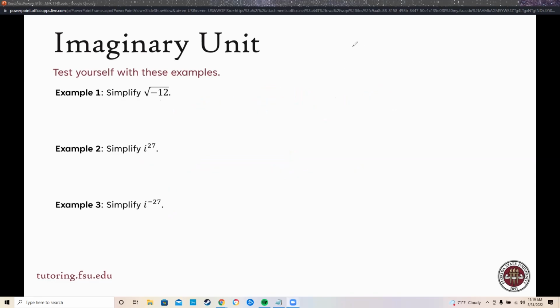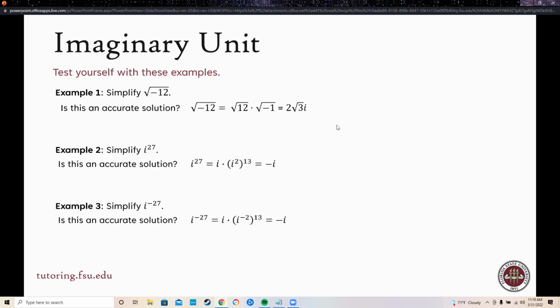So let's go ahead and check ourselves and see what it looks like. All right, so as we were doing, we noticed that this is the square root of -12, which is the same thing as root 12 times root -1, which can now be written as 2 root 3 times i. Here we realize that i squared is equal to -1.